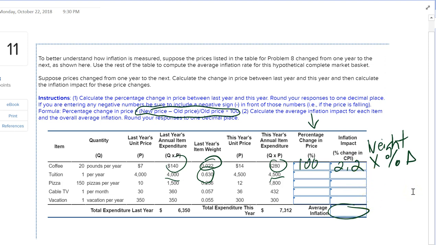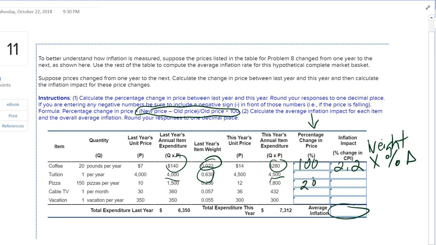Let me throw in another number so you can check your work against it, because I know that sometimes you're going along and you think, well, am I doing this right? So let me just give you a value to help, and you can compare how you do with this one. So for example, let's go with pizza. The percent change in price from 1,500 to 1,800 is 20%.